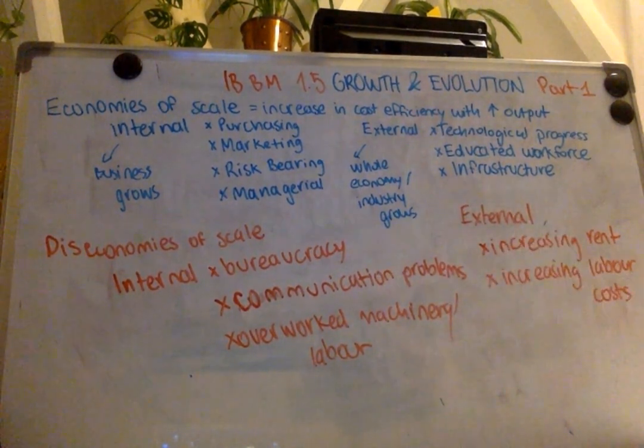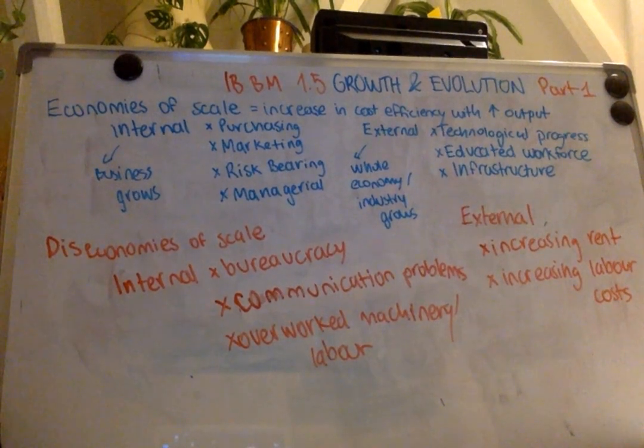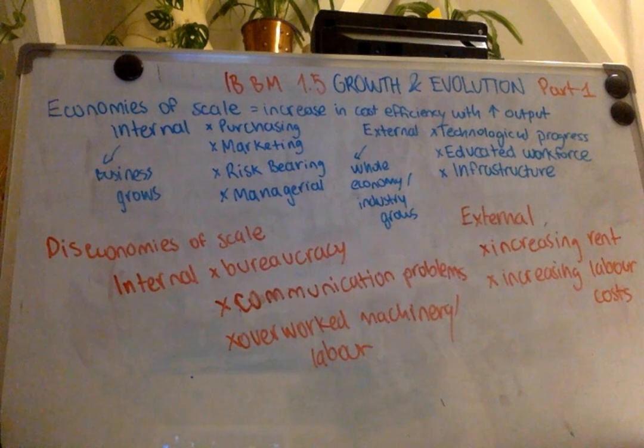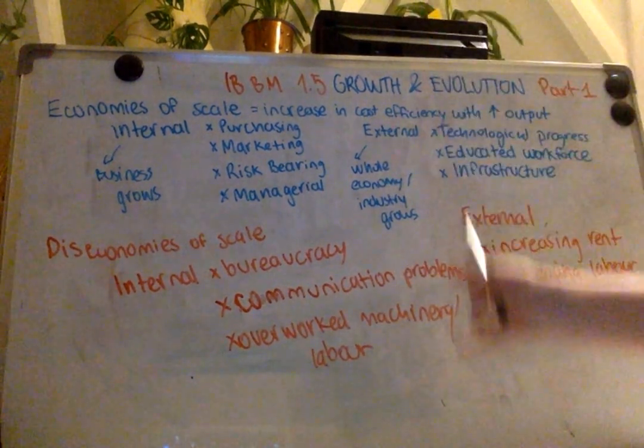Also, potential communication problems. In a future video, we'll look at organizational structures, but if a business is large, the message about what the workers should do is communicated through so many different people.